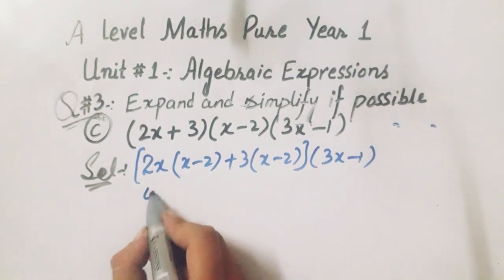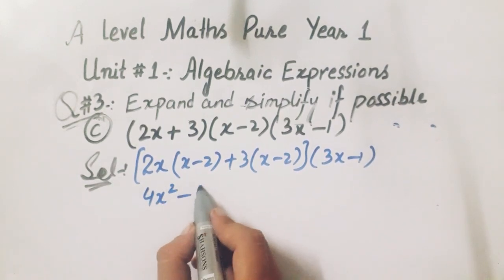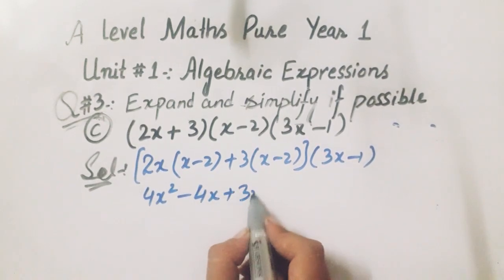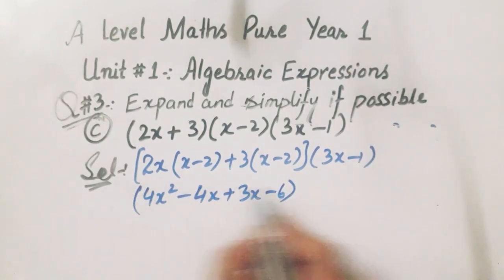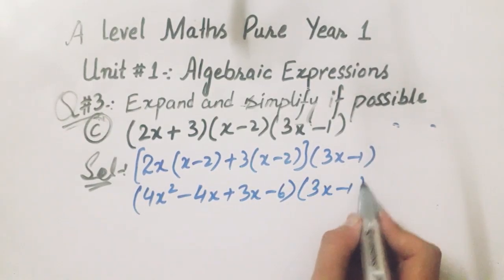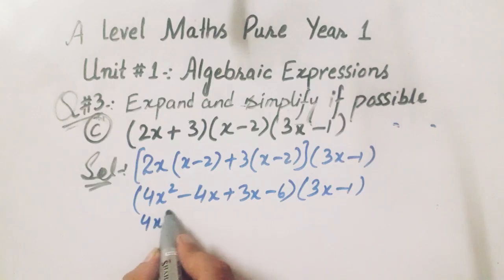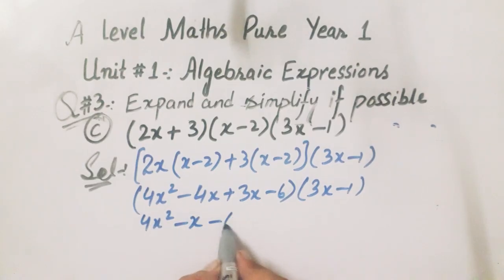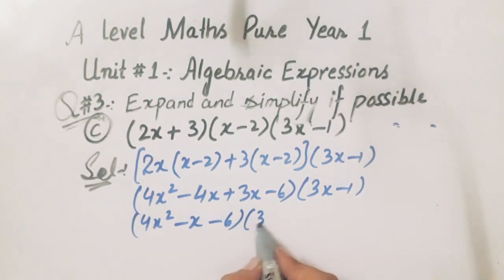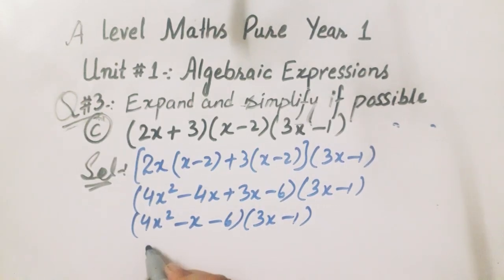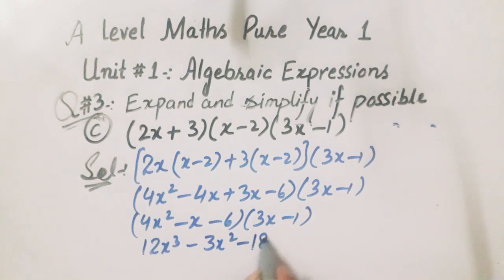So when 2x is multiplied, we get 2x square minus 4x plus 3x minus 6, and then it will become 2x square minus x minus 6 and 3x minus 1. Now we multiply 2x square by 3x. This will be 6x cube, and minus x multiplied by 3x gives minus 3x square, minus 18x.